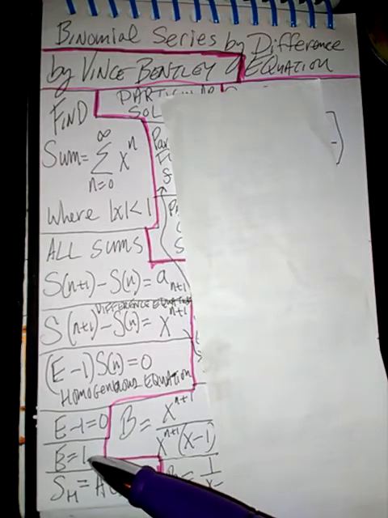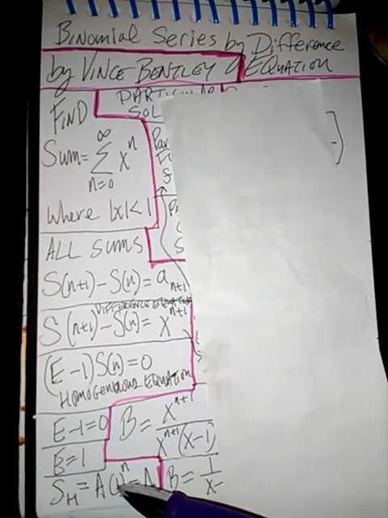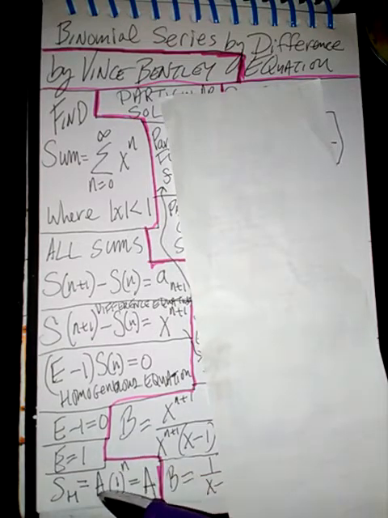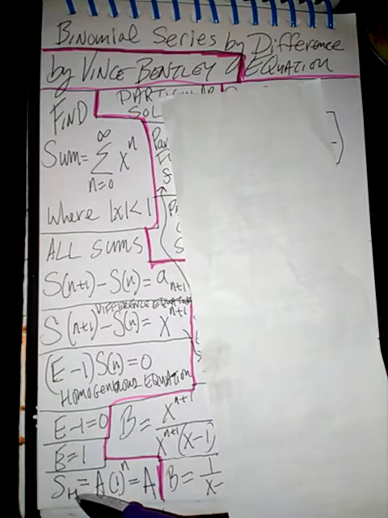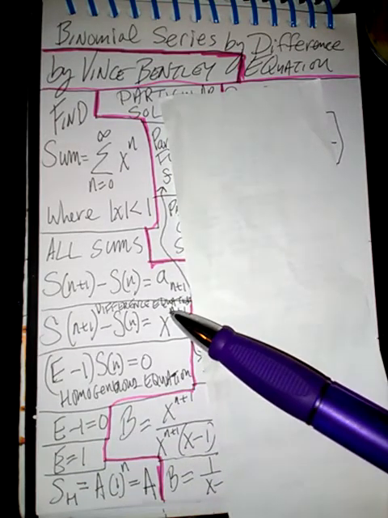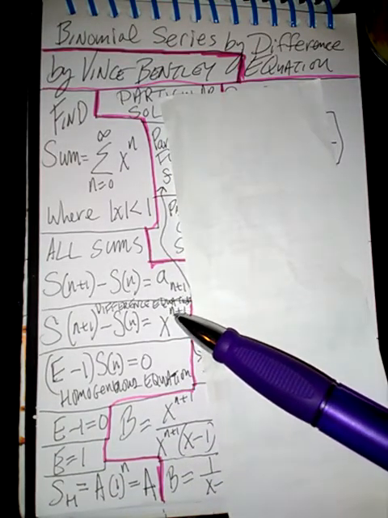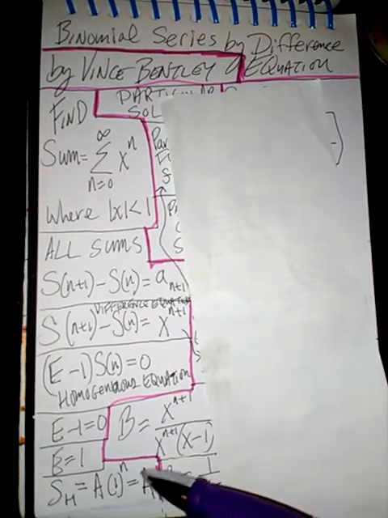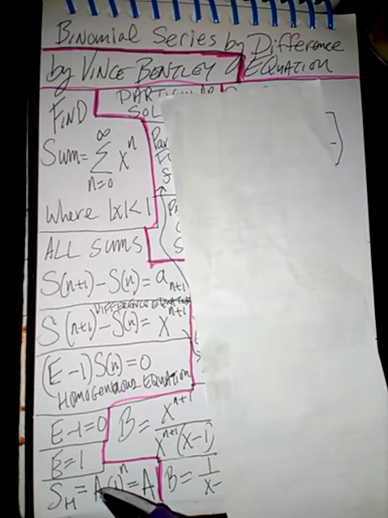With E equals 1, 1 to the n is 1, so 1 times a is a. So the homogeneous solution to this difference equation is just a constant a, just an arbitrary constant. Okay, so we found this homogeneous solution.